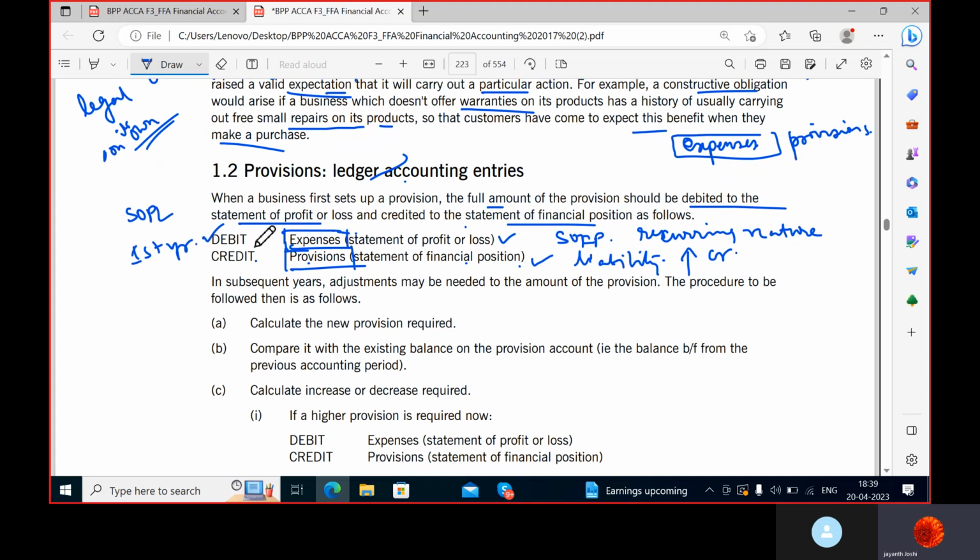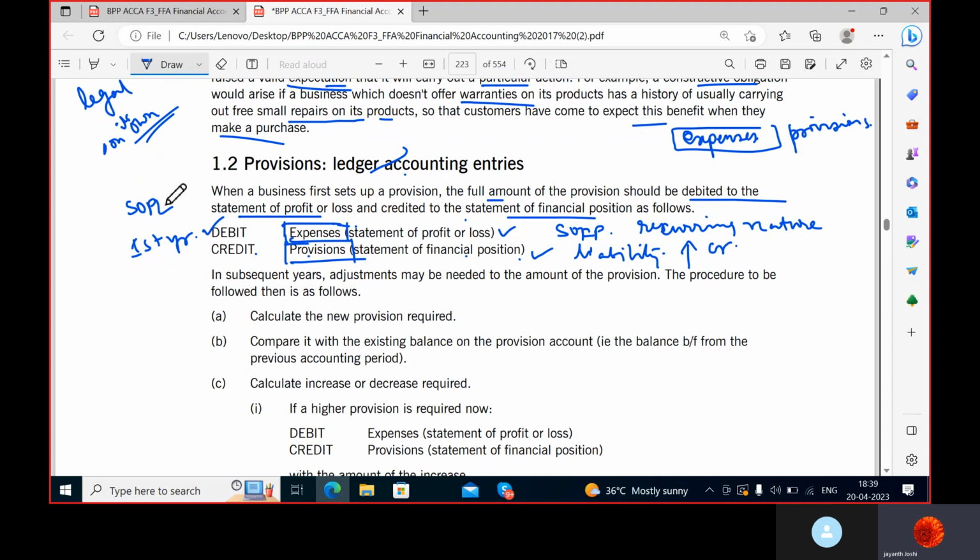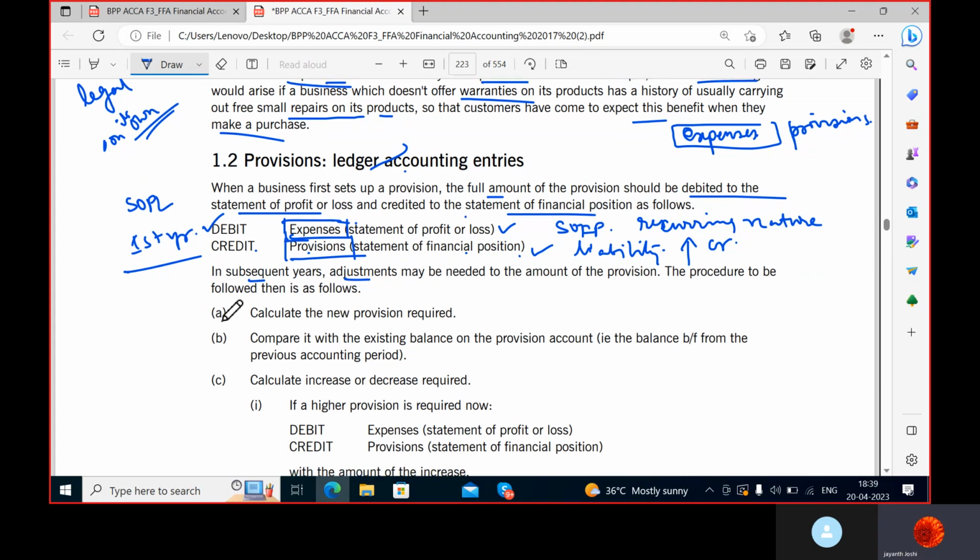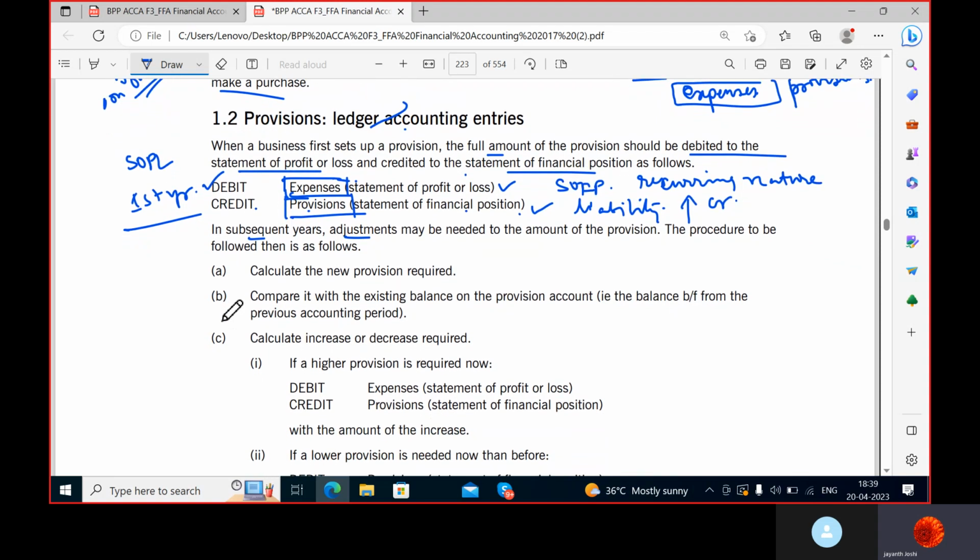Now next, and that's not the end. It's not like in the first year only we will create provision and keep carrying on the same amount year after year. In a subsequent year, if any adjustment is required, that should also be done. So how and what procedure do we follow for next year or subsequent year?